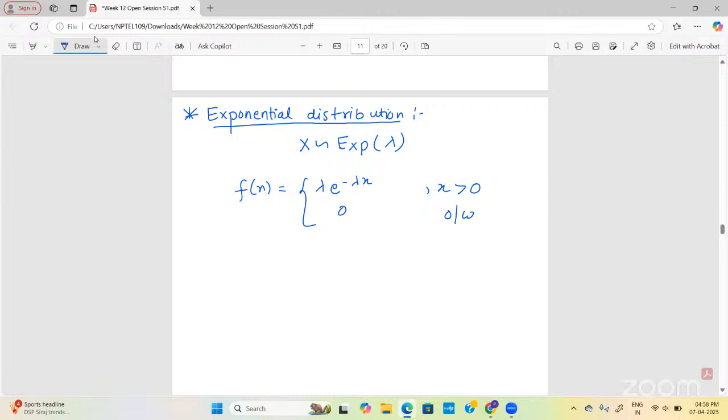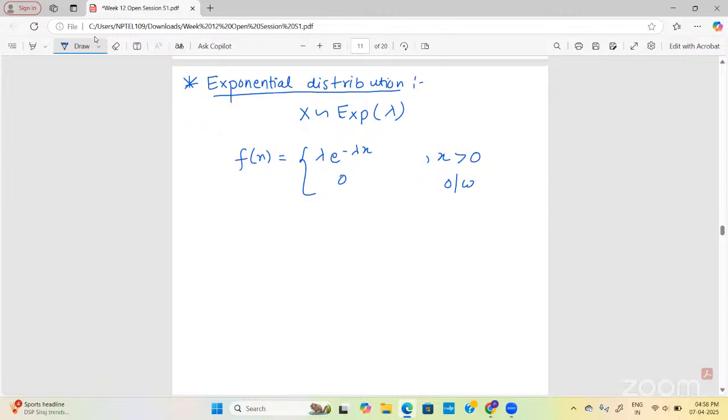Suppose you are going to a salon and you are getting a service, a haircut, which takes approximately 20 minutes. That 20 minutes is the service time. So you will see that service time and inter-arrival times are modeled as exponential distribution.